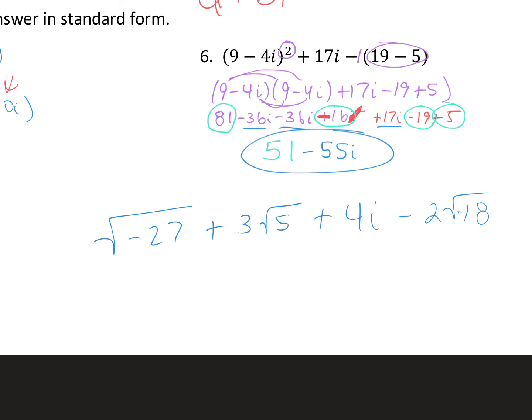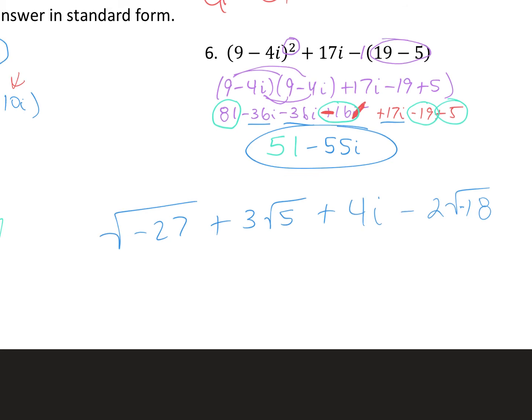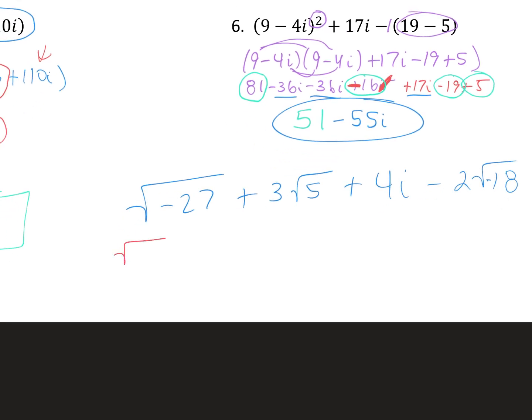Well, in order to combine stuff, real has to stay with real, and imaginary has to stay with imaginary. Okay. So before you try and combine anything, I would break down everything that I possibly could. The square root of negative 27 is negative 1 times 9 times 3. Agreed? Can I do anything with 3 root 5? No, so just leave it.